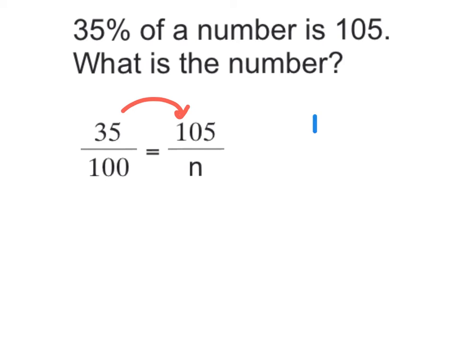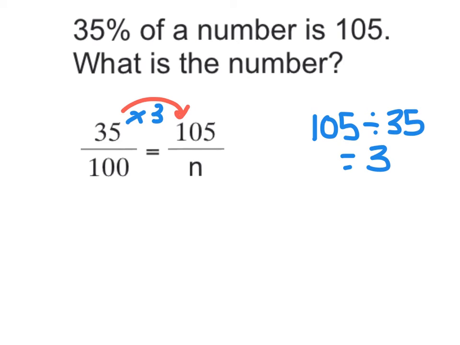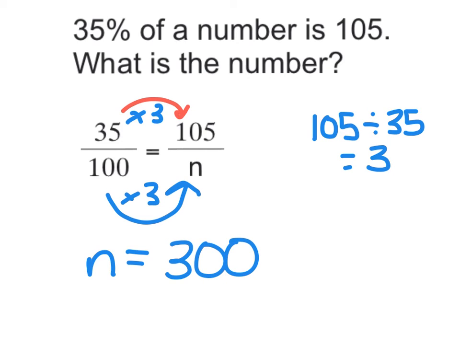So we can do 105 divided by 35, which is 3, to help us to figure out that 35 times 3 makes 105. Same thing with our denominator, 100 times 3 gives a total of 300. So 105 is 35% out of a total of 300.